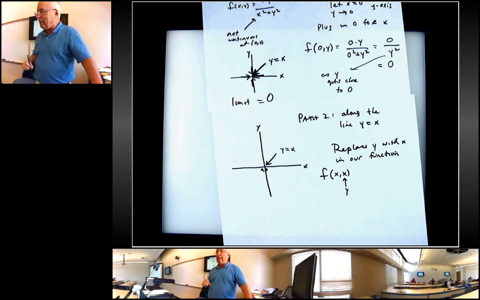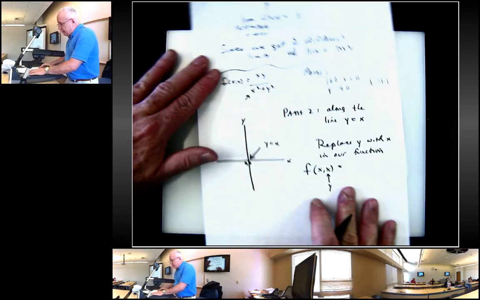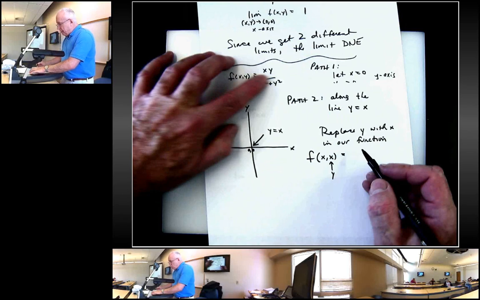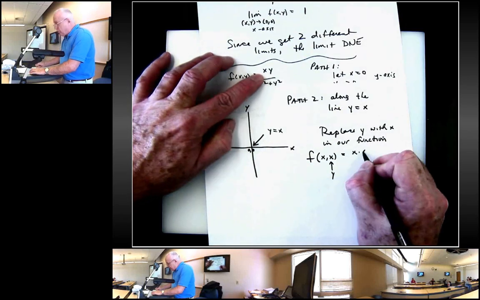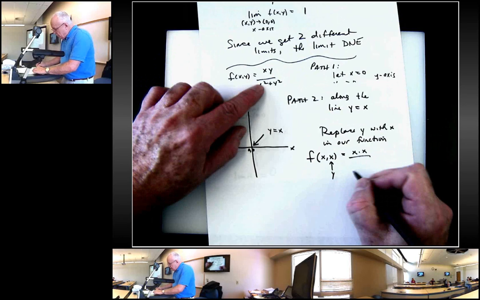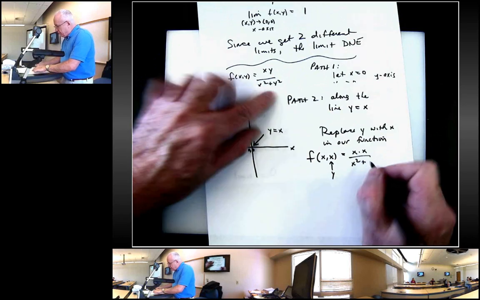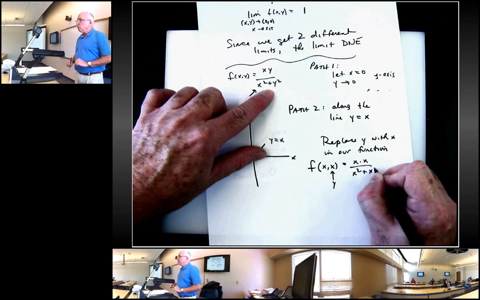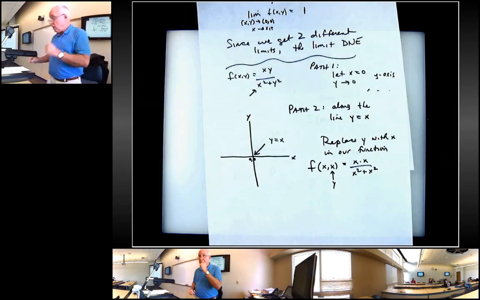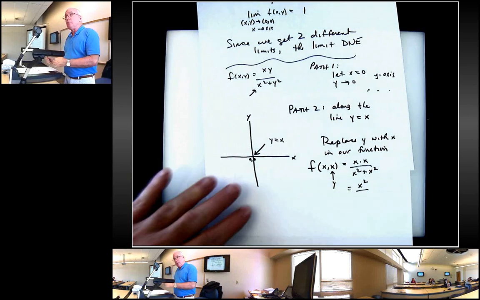All right, so what is our function here? x times y. We're replacing y with x, so that's x times x in the numerator. And then x squared plus y squared is going to be replaced with x squared plus x squared. All right? What do we get here? x squared on top. On the bottom, we get 2x squared.